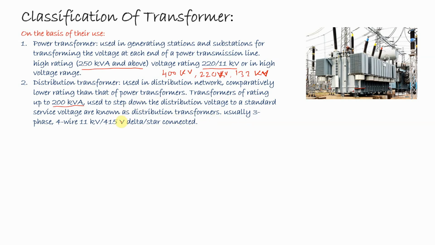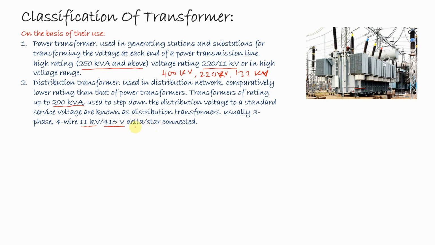Here the voltage level is 11 kV by 415 volts. That means the primary side voltage will be 11 kV and the secondary side voltage will be 415 volts. Remember, this is a three phase transformer where 415 volt means the three phase voltage. Now it can be converted to a single phase voltage. So we'll get the three phase as well as single phase from this distribution transformer.